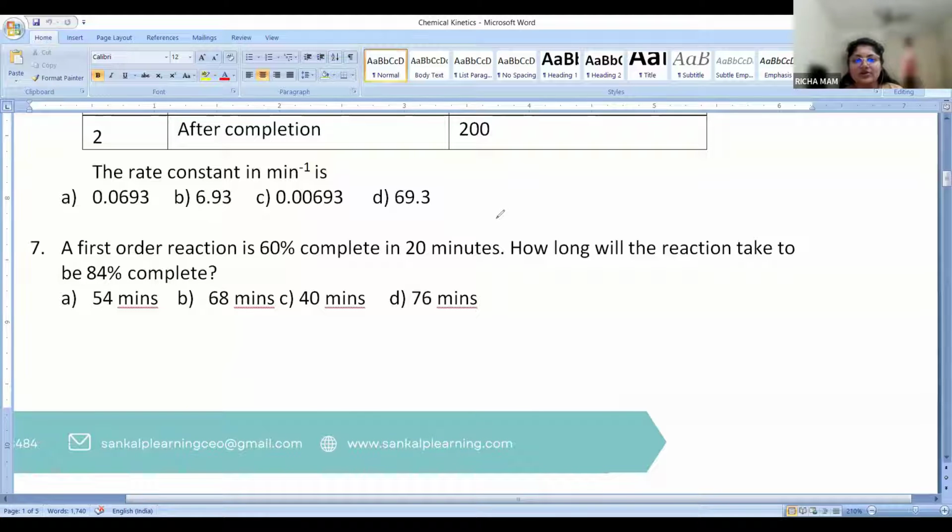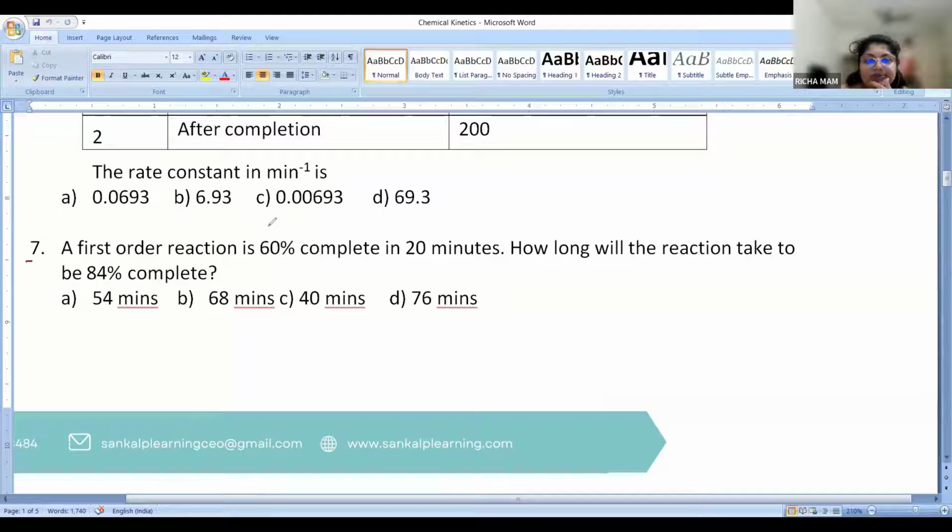A first order reaction is 60% complete in 20 minutes, and they have asked how much time it will take to be 84% complete. The options are A 54 minutes, B 68, C 40, and D 76 minutes.